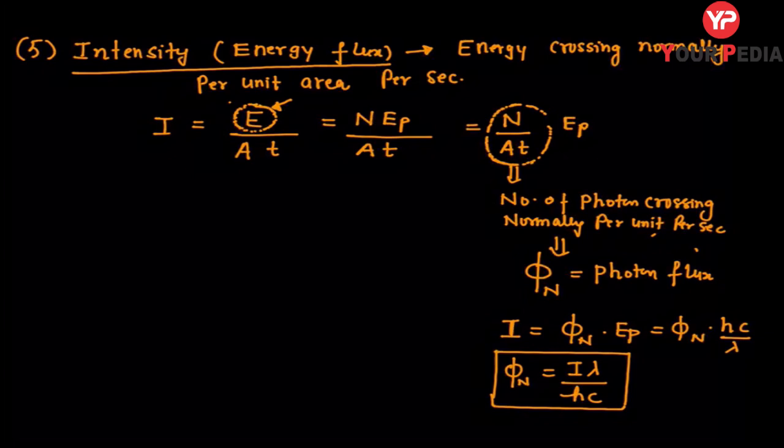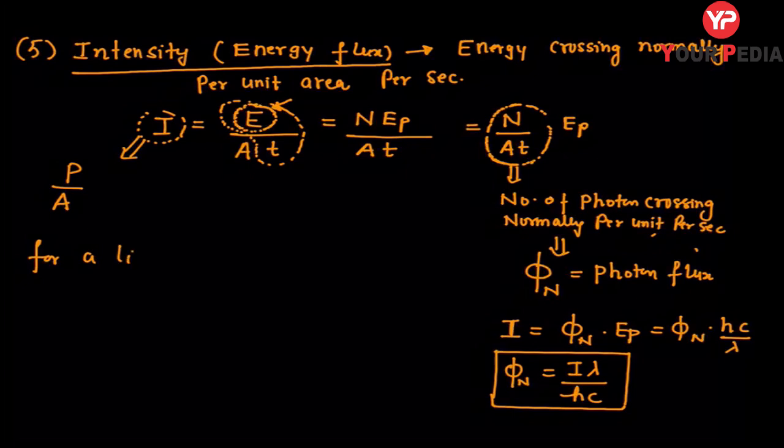Is it clear? Now listen to one more thing here. If I consider this terminology, what is this? Energy upon time, obviously power. So this intensity in another way we can express as power per unit area.